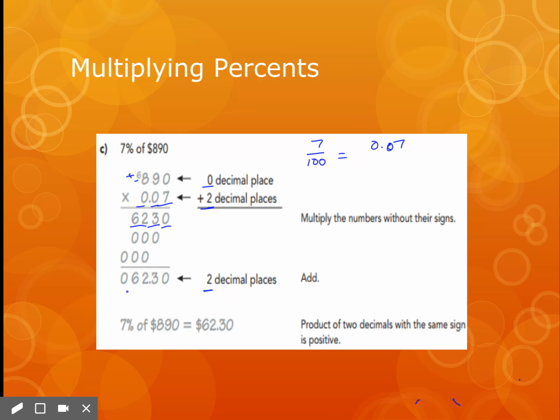So we have 6,230, and then we needed to bring our decimal back in from the back, 1, 2 places, and 62.30 is your answer. Because they're talking about money, we did keep that last 0 in here, $62.30.